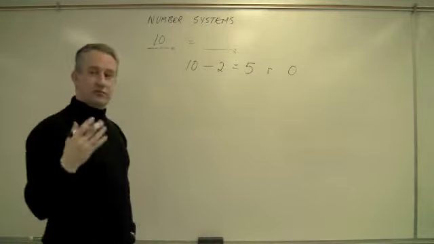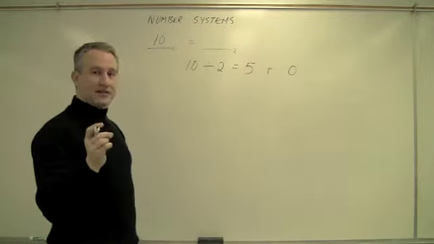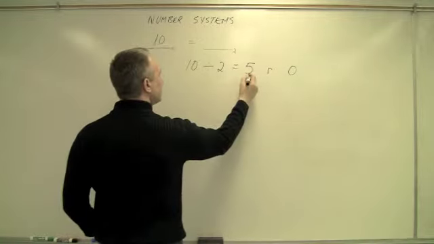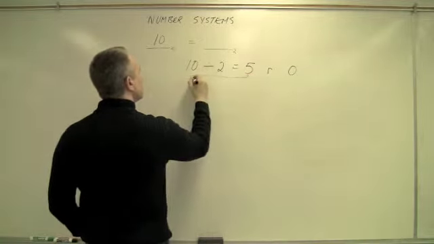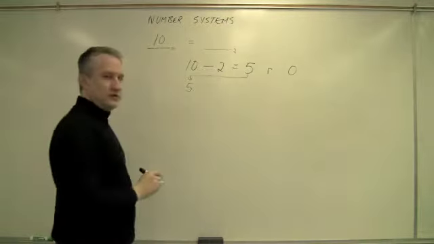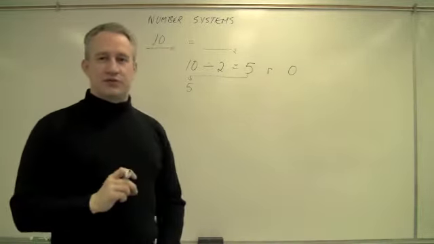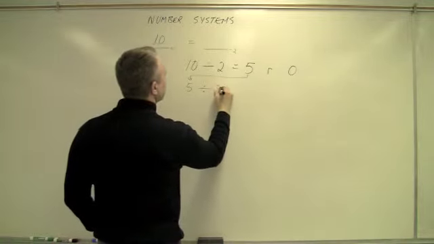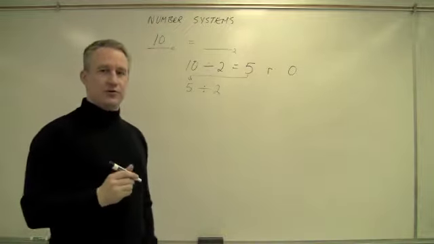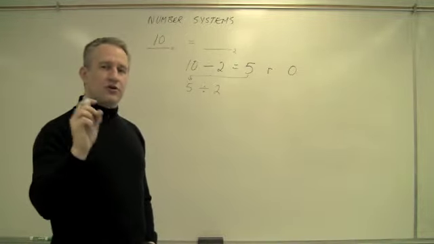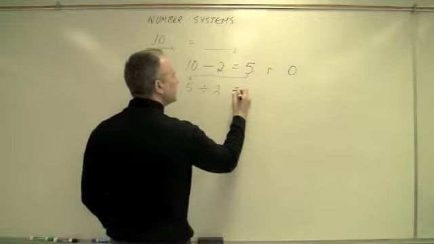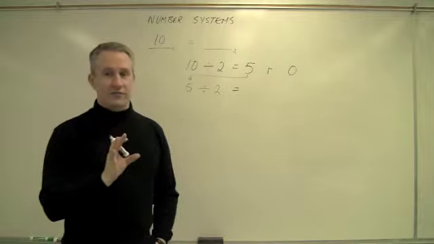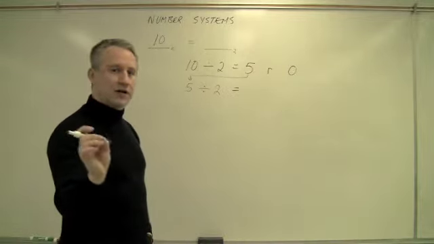Then we keep repeating this. In the next step, instead of taking the 10, we take the 5 now and divide that by 2. Five divided by 2 is 2, remainder 1. Again, we're not going to use decimals, so we don't want to say 2.5, we want to say 2, remainder 1.